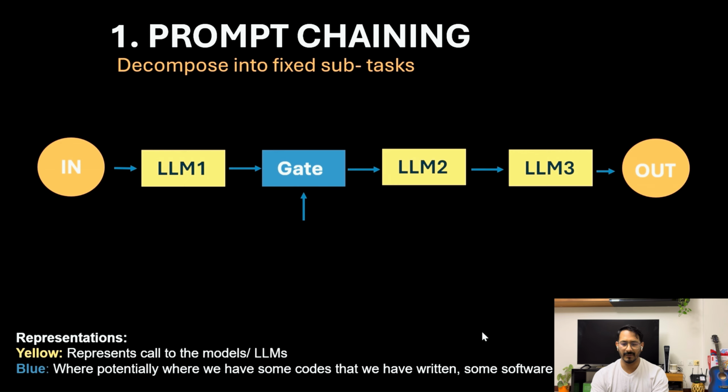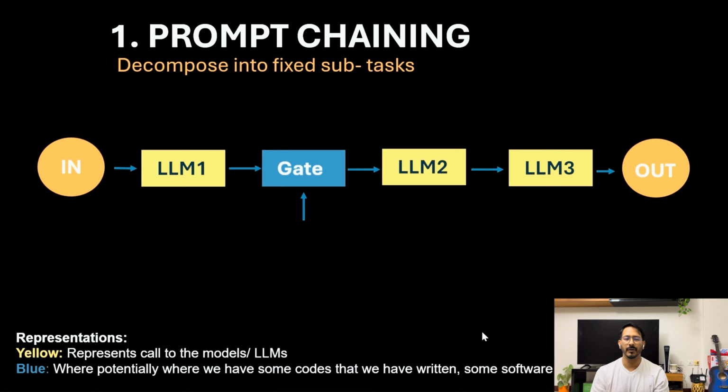Now, what prompt chaining means is this: imagine there is a task that we want to do, and in order to do that, I break the bigger task into multiple subtasks, because one LLM's output is another LLM's input.